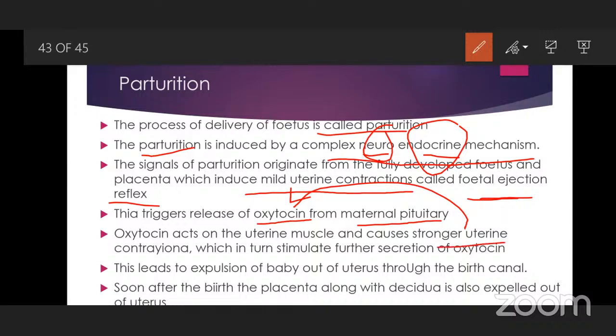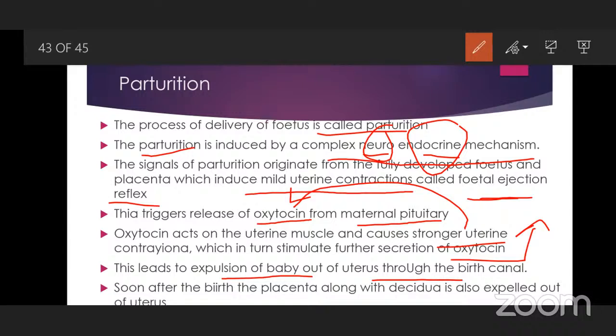So again, more and more uterine contractions will be started, which in turn stimulates the release of oxytocin. So oxytocin will be released and results in the uterine contraction. This uterine contraction again will induce the pituitary gland to release more oxytocin. So it is a continuous process till the birth. This leads to expulsion of the baby out of the uterus through the birth canal.